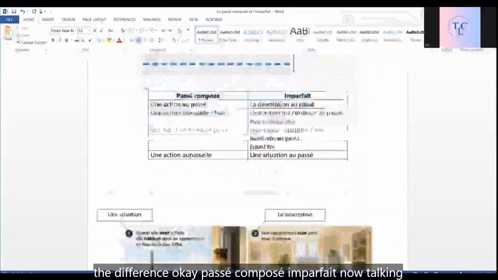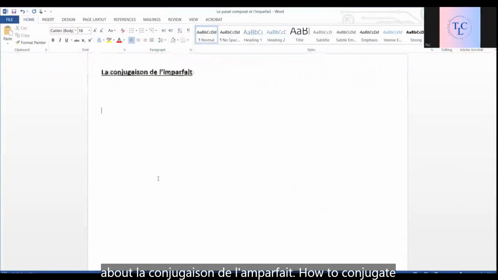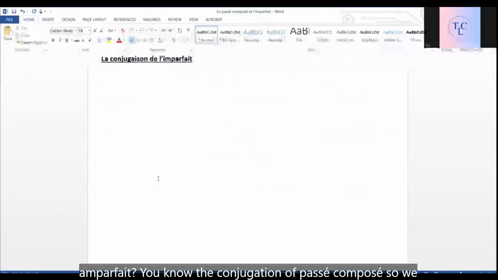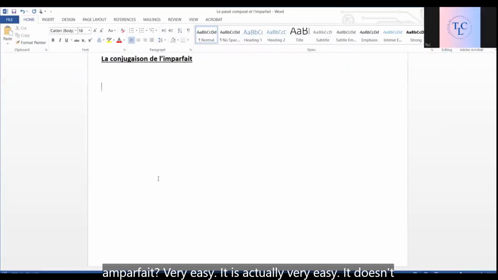Okay, passé composé, imparfait. Now, talking about la conjugaison de l'imparfait. How to conjugate imparfait. You know the conjugation of passé composé, so we don't need to discuss it in this video, but how to conjugate imparfait, it is actually very easy.